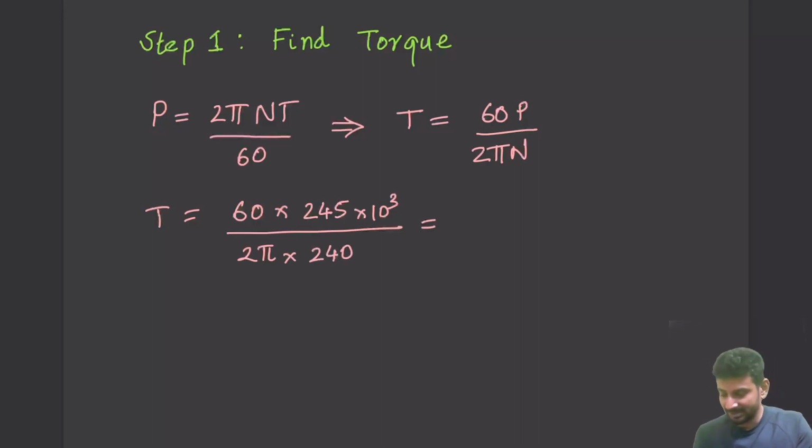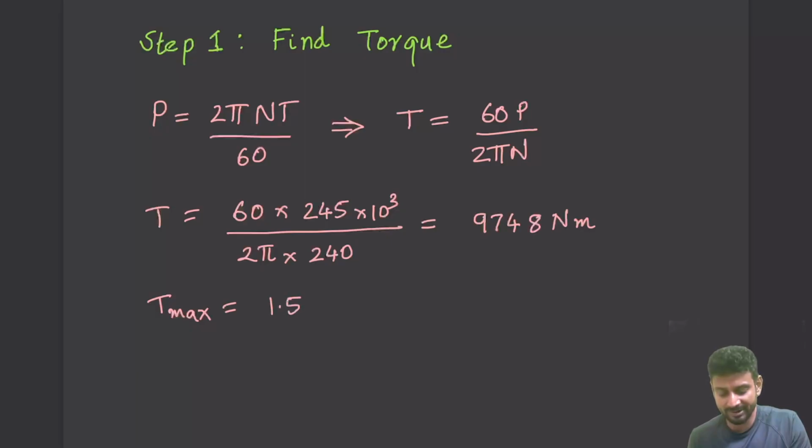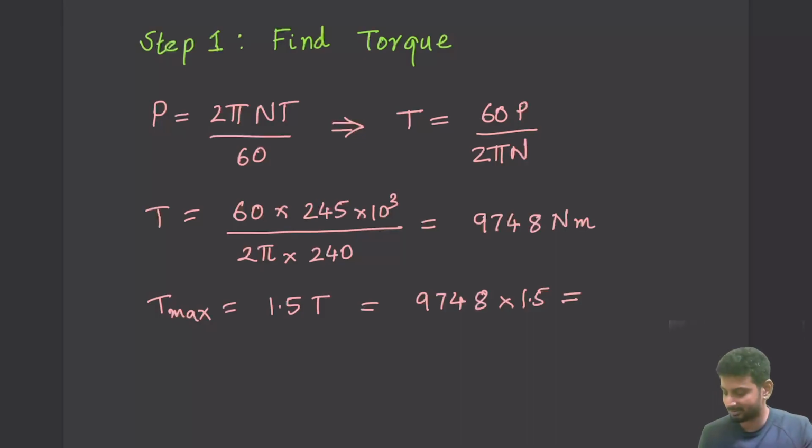So the value would be 9748 Newton meters. But we have to calculate the maximum torque according to this equation, T max equal to 1.5 times the torque. So that would be 9748 into 1.5, that is 14.62 into 10 raised to 3 Newton meters.